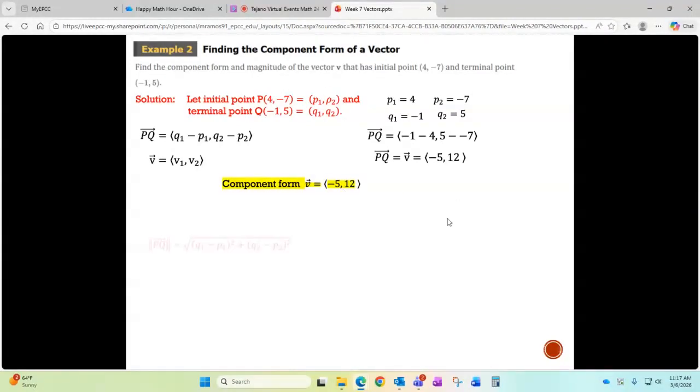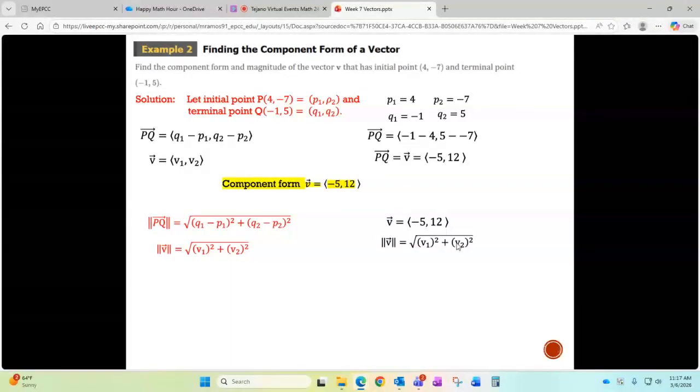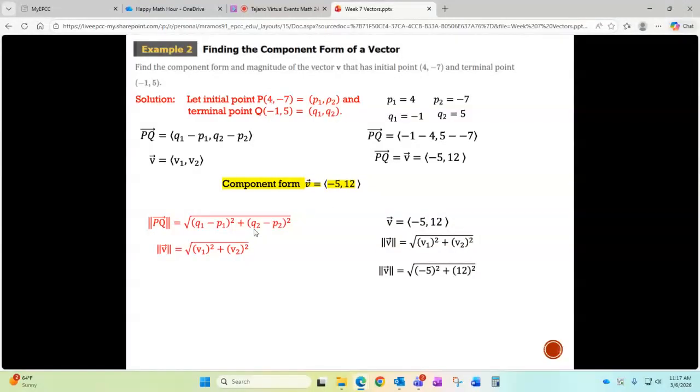Next was to find the magnitude. We have this formula, but again, it's the same as just squaring each component of that vector. So here it is in component form again. We can just square each part. So we take -5 squared, 12 squared, and take the square root of all of that, instead of having to subtract both of the points that we have.